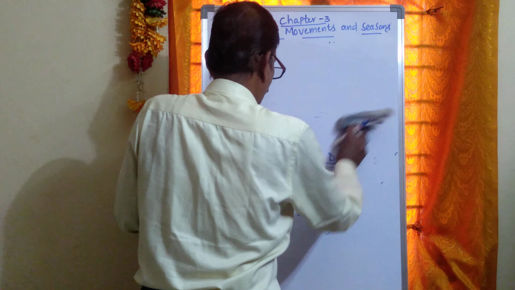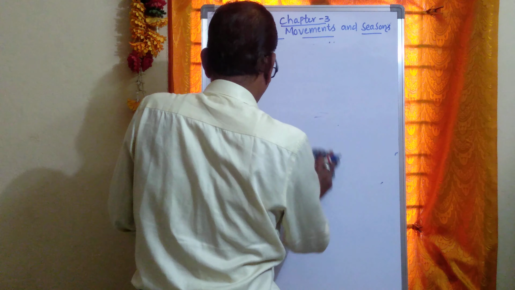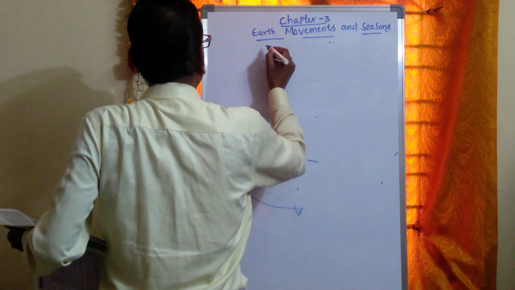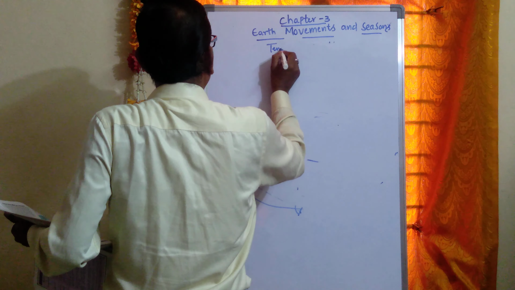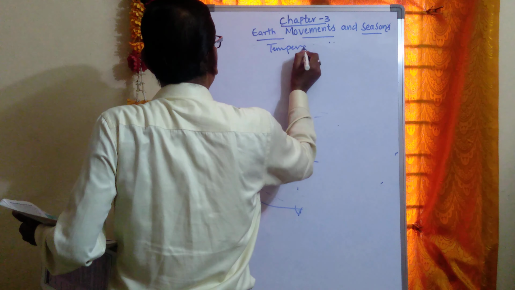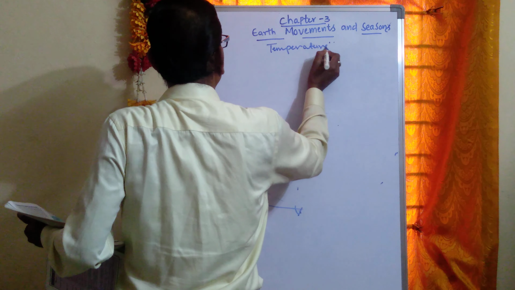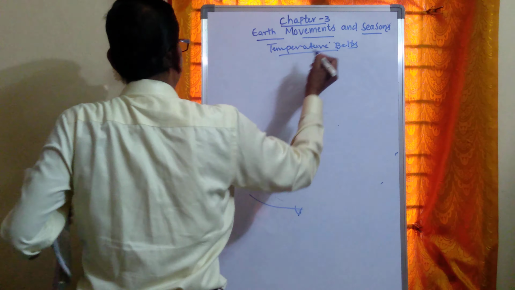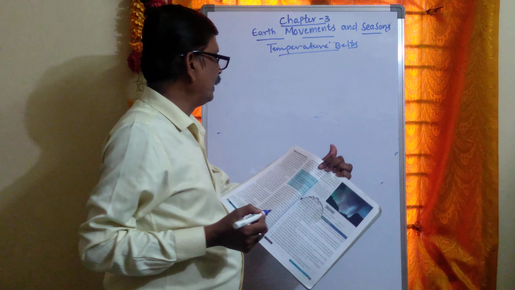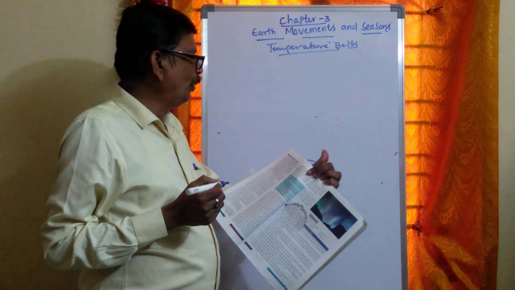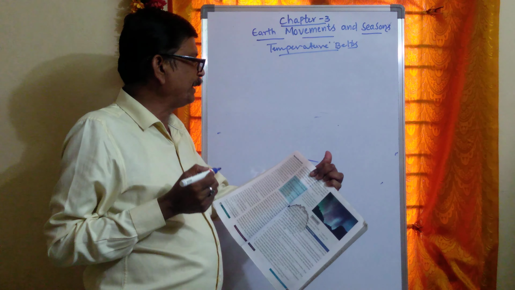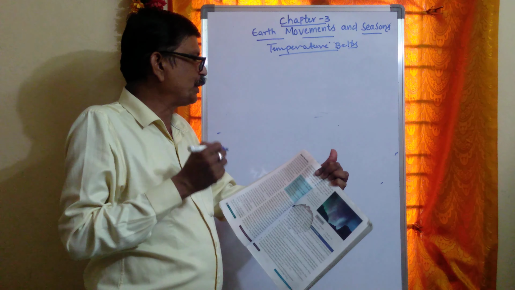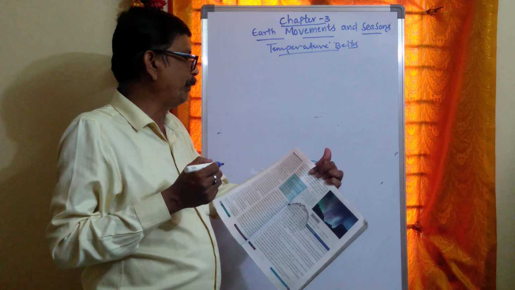Temperature belts of the earth. What are the temperature belts? Let us see how the effect of the tilt of the axis combines with the spherical shape of the earth to influence the distribution of solar heat over the earth.